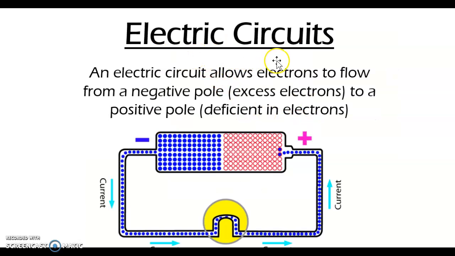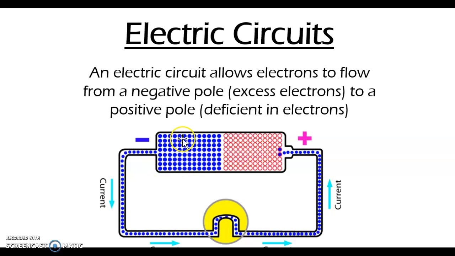Electric circuits allow electrons to flow from a negative pole, with excess electrons, to a positive pole, deficient in electrons. So look at this. That means if this is your battery, the electrons will leave the battery from its negative end and will be moving towards the positive end of your battery.